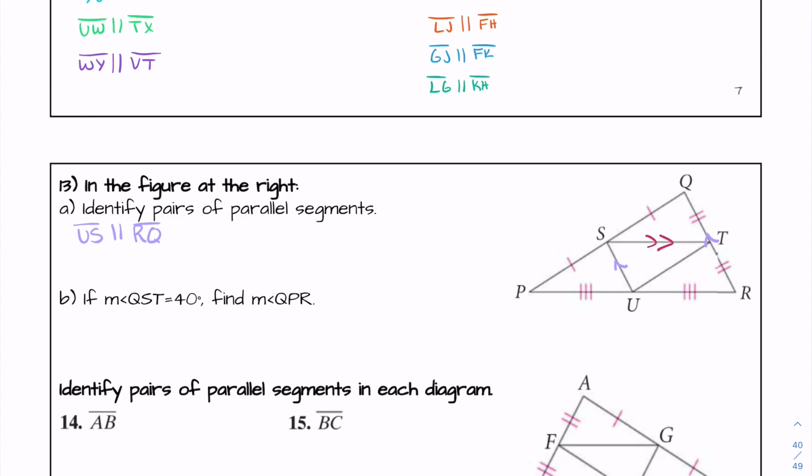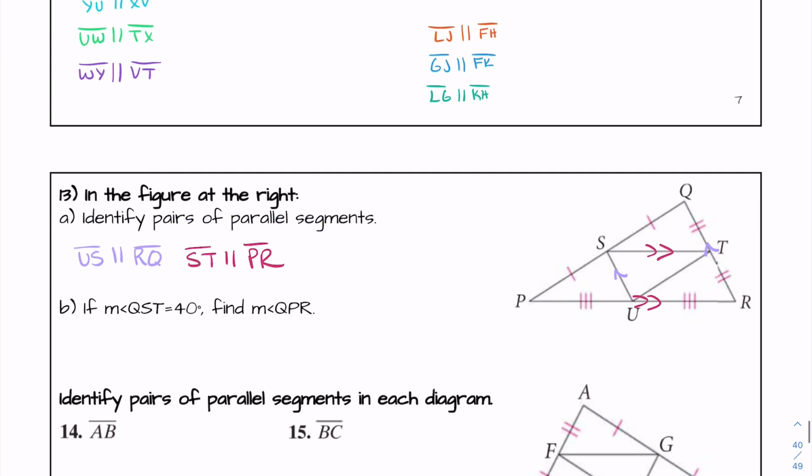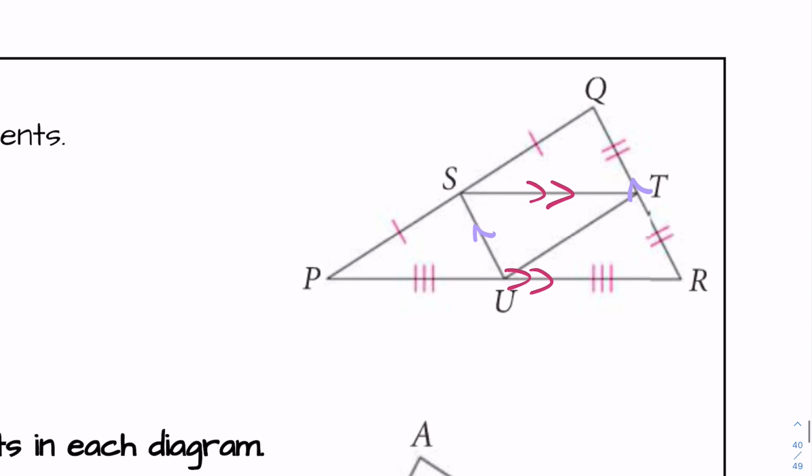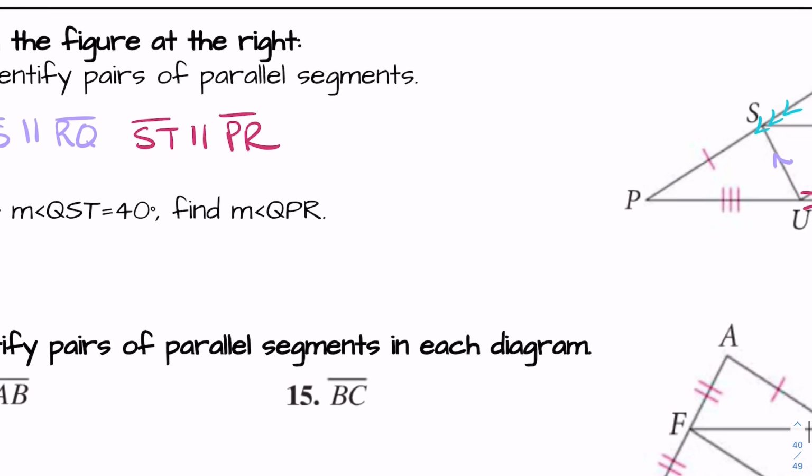We're going to have ST and PR. And the last one, let's see, we'll do 1, 2, 3, 1, 2, 3. TU is parallel to QP.